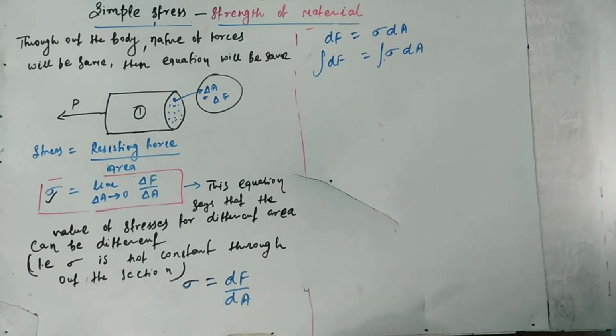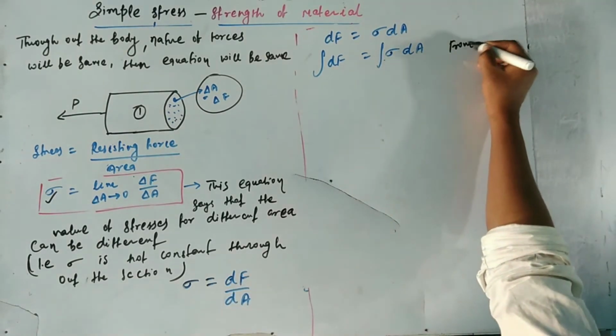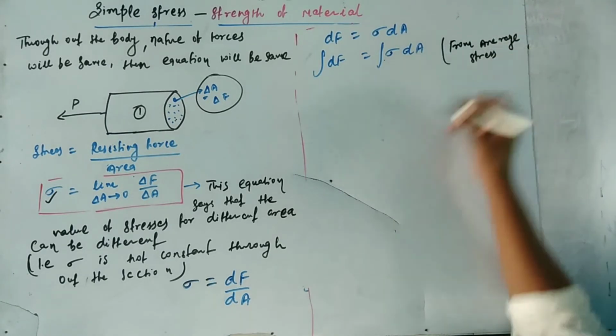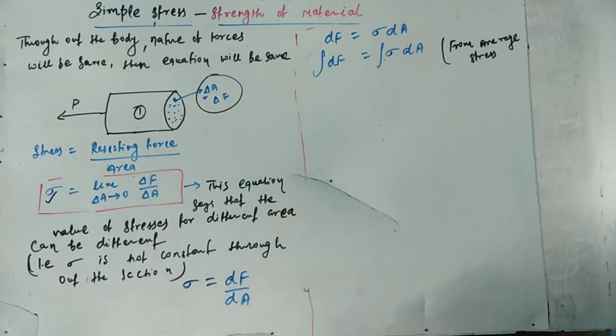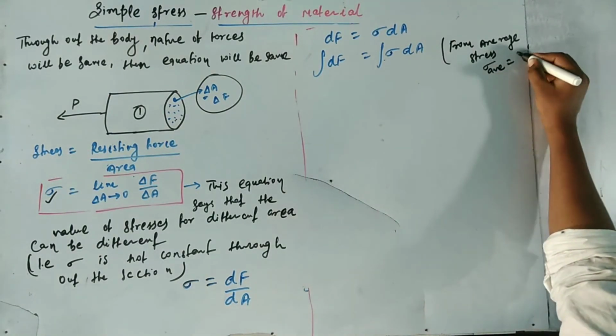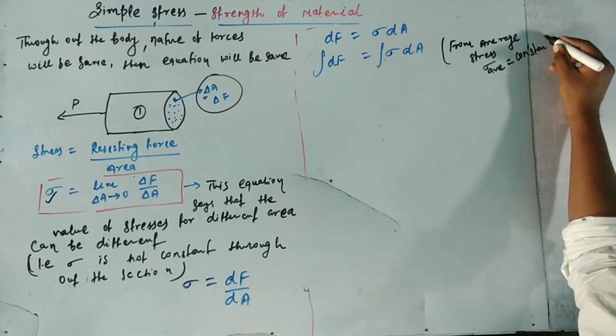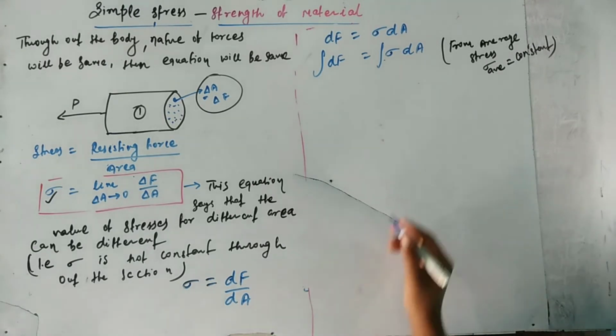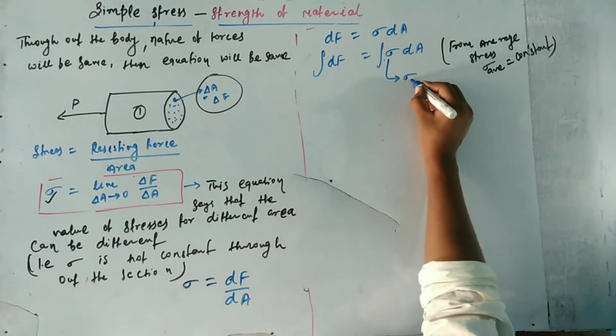Now we will apply the concept of average stress. In the case of average stress for the whole cross section, sigma will be constant. So we can say sigma average is equal to constant. Now we can integrate the equation.